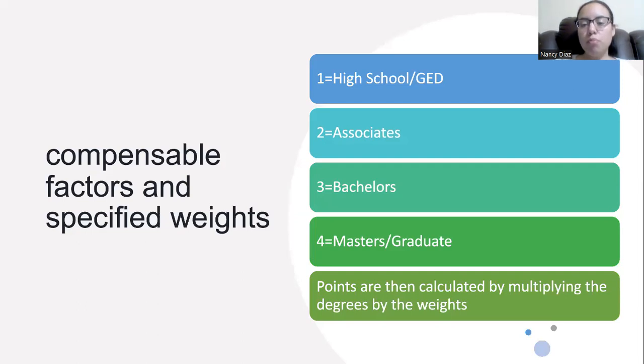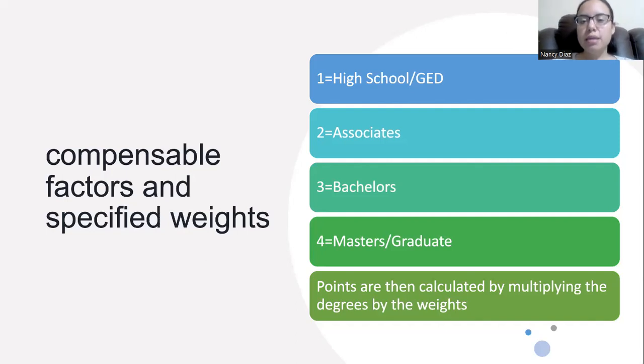And then we also learned that points are calculated by multiplying the degrees by the weights. At the end of the case study, we were required to add every specific point acquired in each category and add them together. This will help the compensation manager determine what salary pay they need to be at.